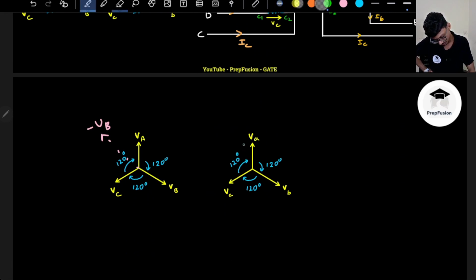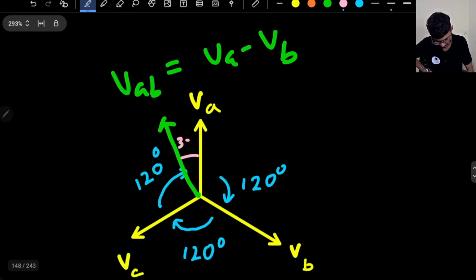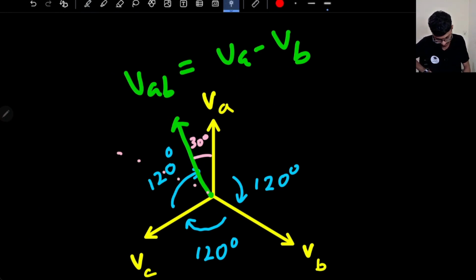Now you might have a doubt. The doubt might be, are these parallel? No, they are not parallel. So this is my capital VAB and this is my small VAB. These are not parallel actually. So for VA minus VB, this angle is 30 degrees. And what is this angle? If I flip the VB, the angle difference is 120, and this whole thing will be 180, because I'm just flipping the VB value.